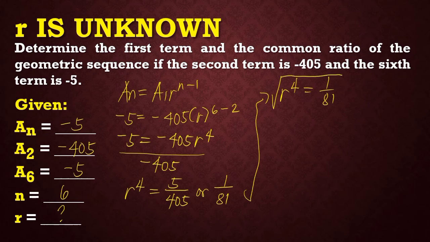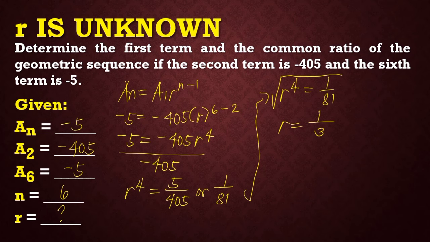So, kukunin natin ngayon yung 4th root ng 1 over 81. So, r is equal to, ano yung 4th root ng 1? That is 1. What about 81? That is 3. So, to check, 1/3 times 1/3 times 1/3 times 1/3, ang makukuha po nating sagot dyan is 1 over 81. As you can see, yung ating common ratio na na-obtain ay fraction.